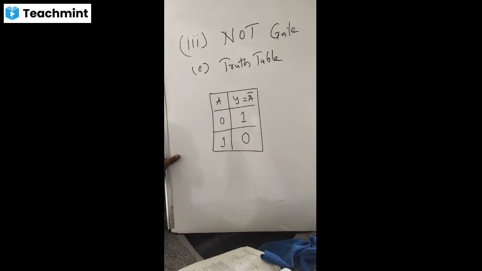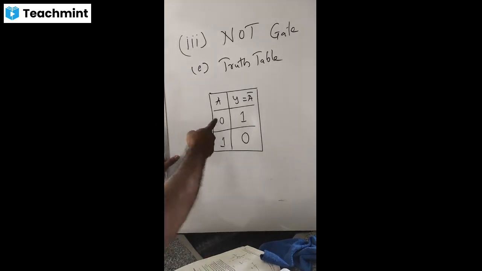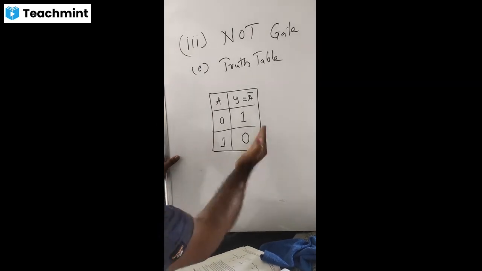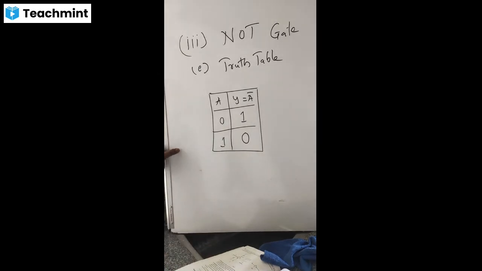So see, the truth table very clearly indicates whatever input you are going to give, its opposite value will come as output. That is why we are going to call this a NOT gate. Is it clear? I hope you do not have any kind of doubt over this.